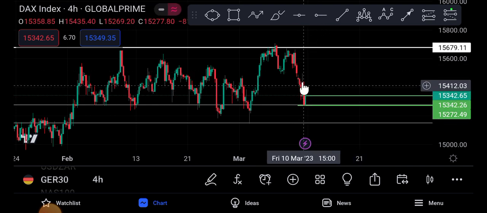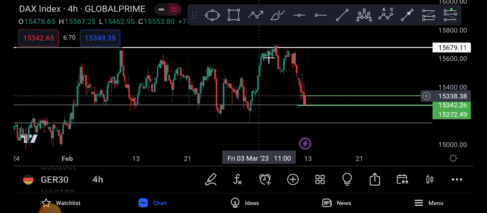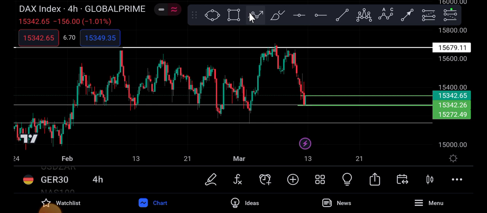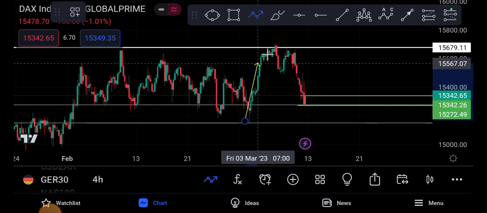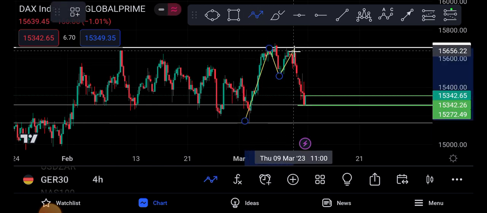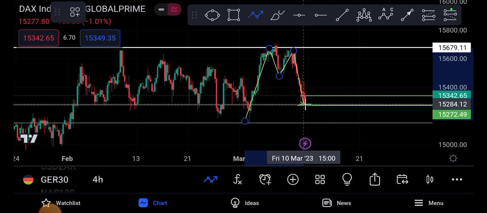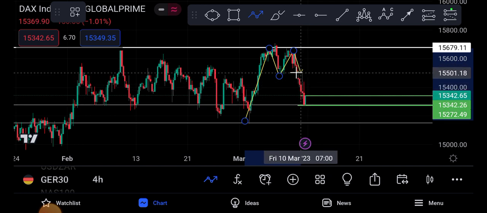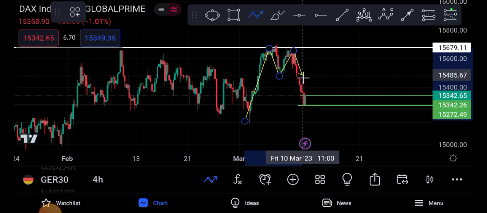So what's gonna happen is that as you can see, within this level right here, we're having a nice double top right here, guys. You can see what we're talking about right here. We're having a nice double top right here, and we just had a nice rejection candle from this neckline right here. You understand what I mean?